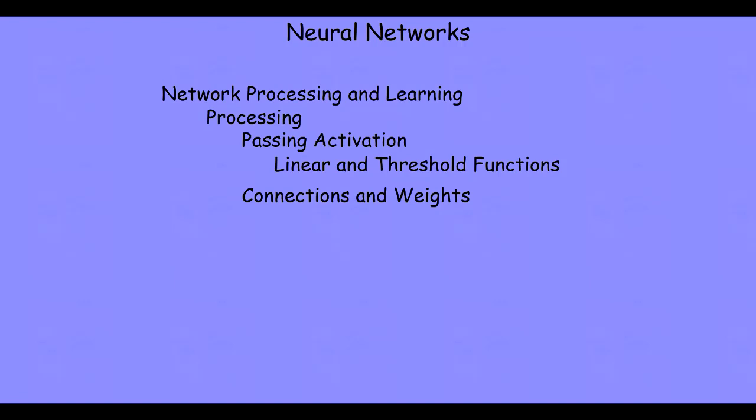So every unit is connected to every other unit in the next layer, and each of those connections is going to have a specific weighting, and that activation function will then take that activation, weight it in accordance with the weight between each unit, and then pass that weighted activation to the next unit.